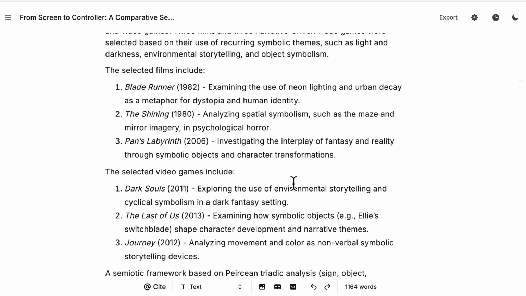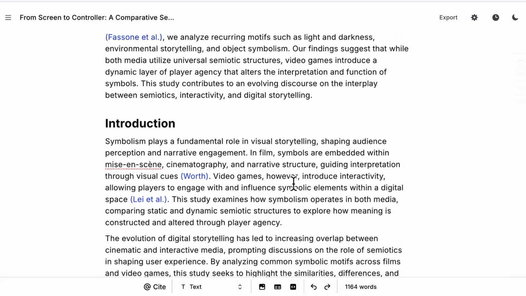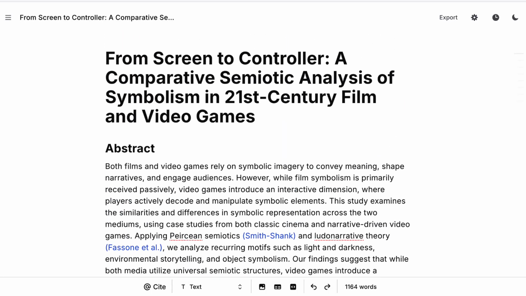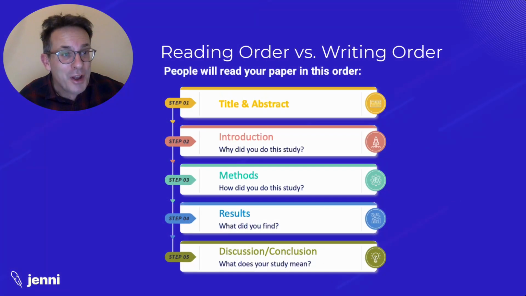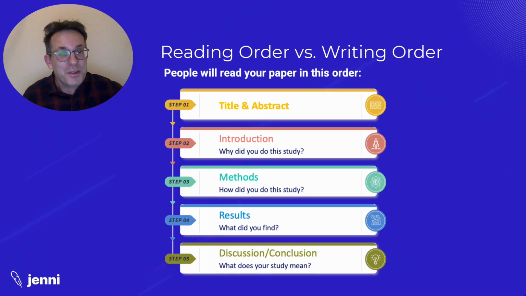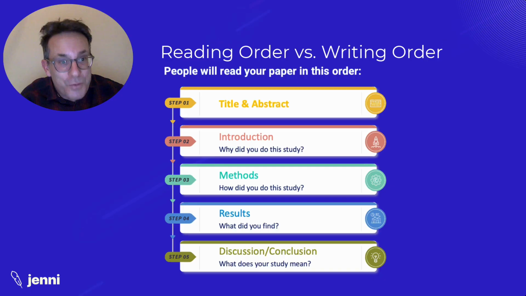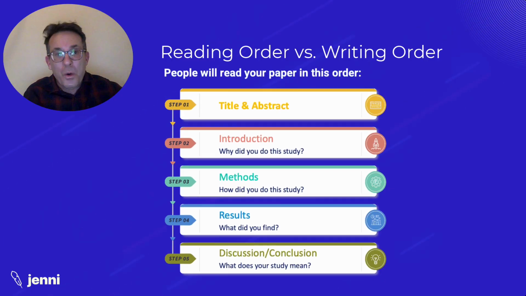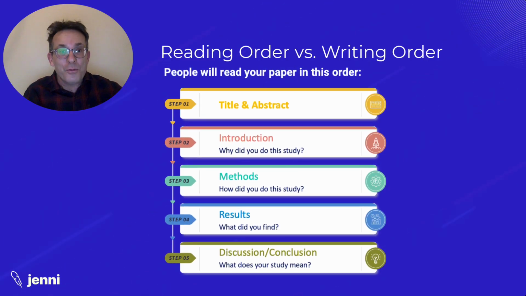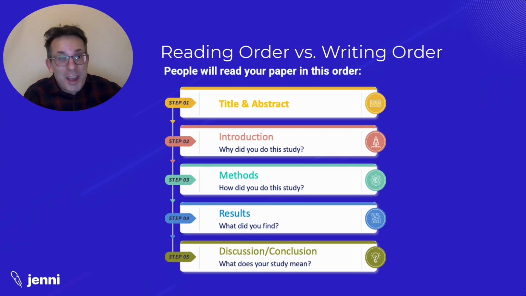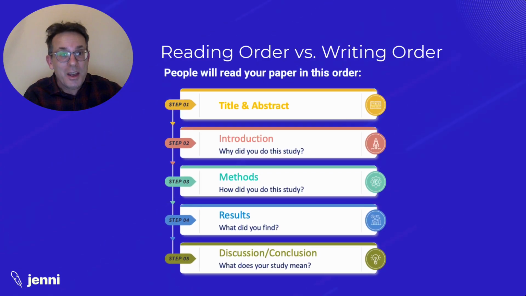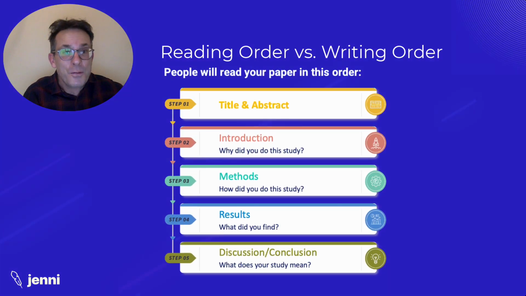So it's often better to write with a structure in mind, but starting from the middle, from the methods and results, and working outwards. Don't forget that people will read your paper in a particular order, but you might write it in the right order, as you can see on the screen here, the different sections.